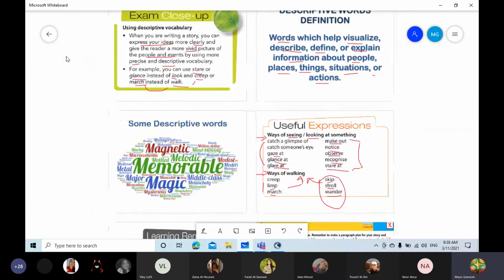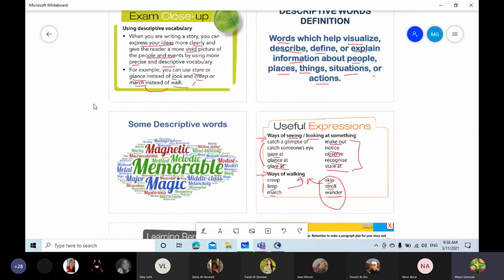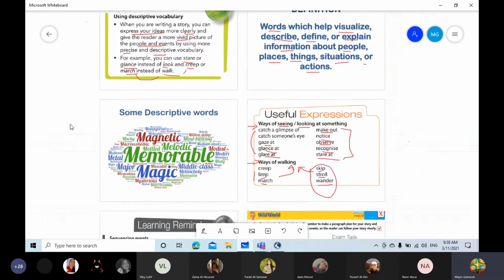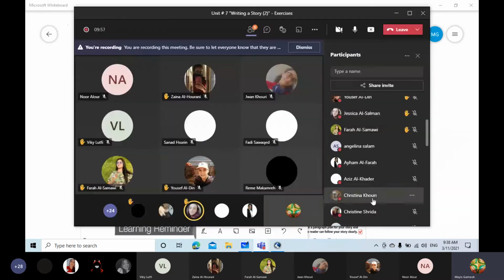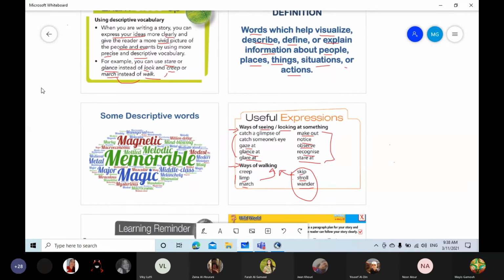We said that we have a couple of useful expressions to talk about the ways of seeing or looking at something. Who can tell me a couple of these words or phrases? Jessica, Salman. Ways of seeing or looking at something.